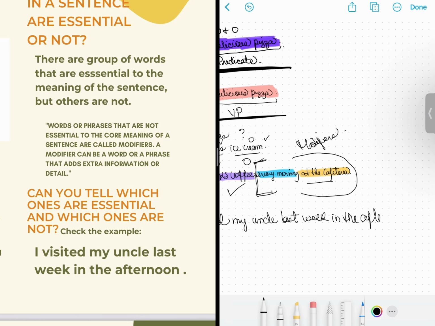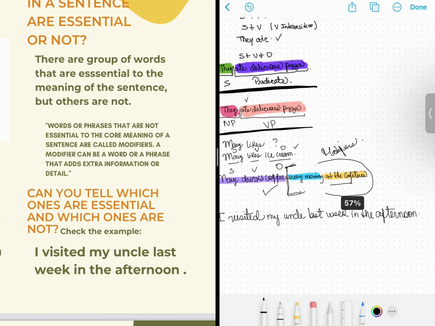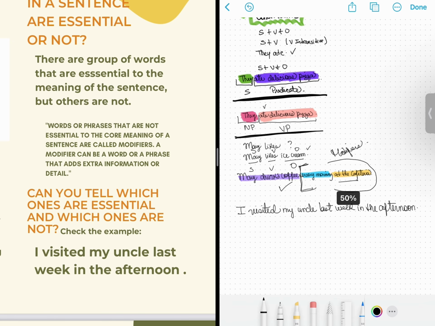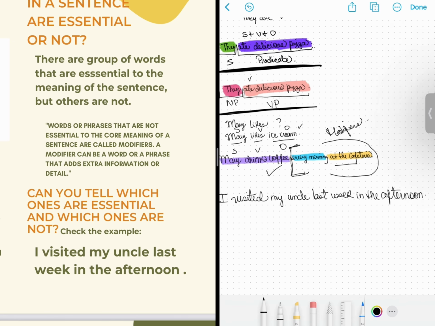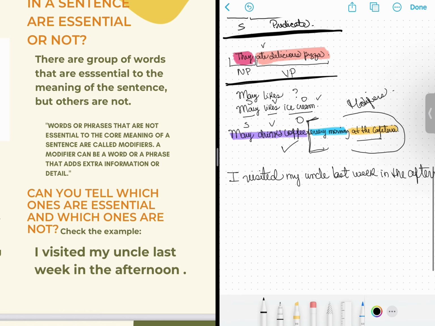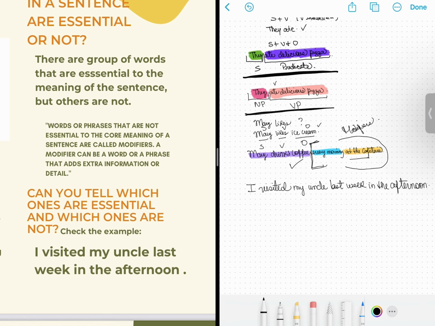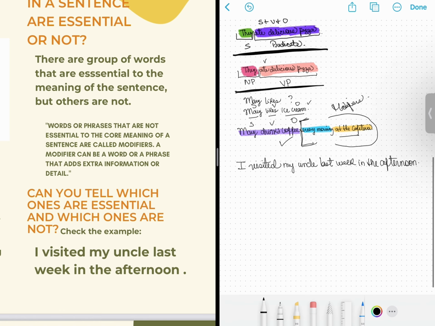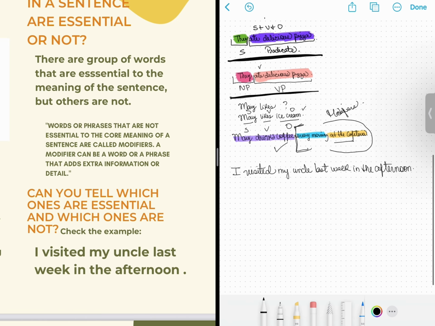In grammar, we know that grammar is not that easy at all sometimes, but when we are illustrated in this way, of course, we are going to get the information in a better way, right? So here I have another example. I visited my uncle last week in the afternoon.